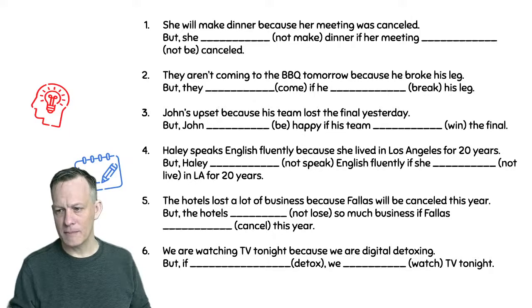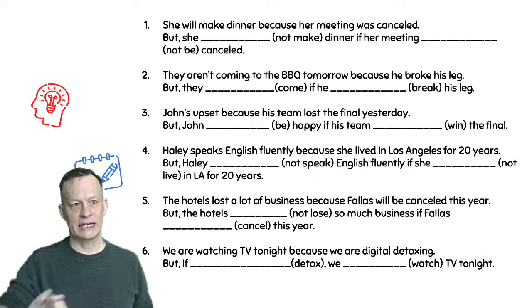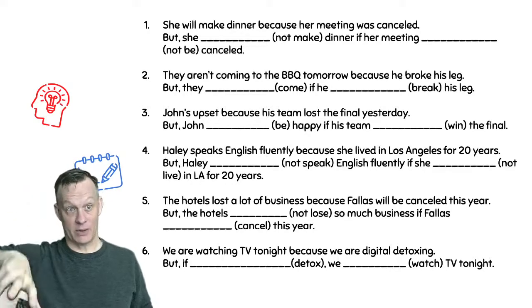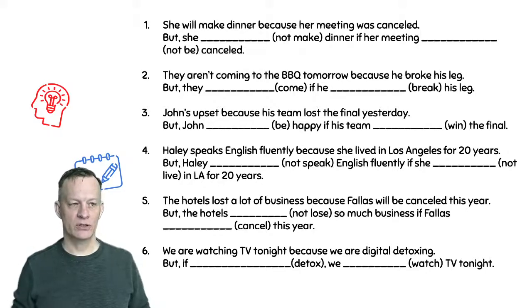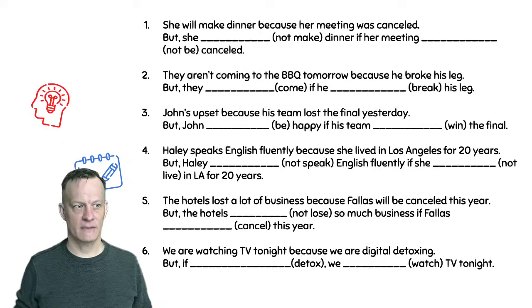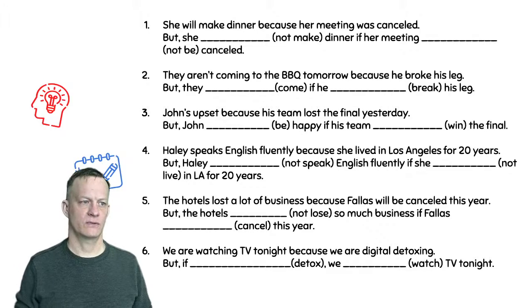Okay, won't make, hadn't been canceled. All right. Would not have made, had not been canceled. All right, so we got the second part. That's right. Hadn't been canceled. But the first, we got to put that into the future of the conditional. So how did we do that?